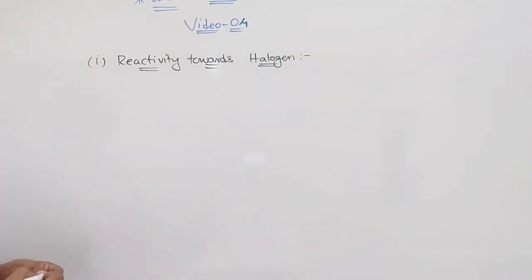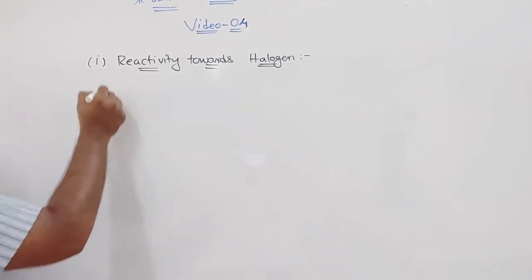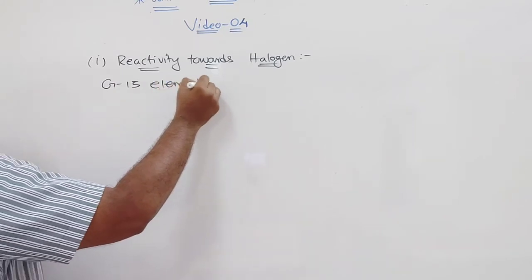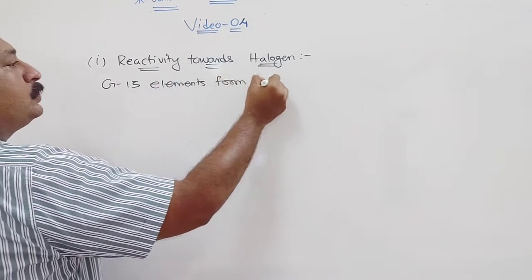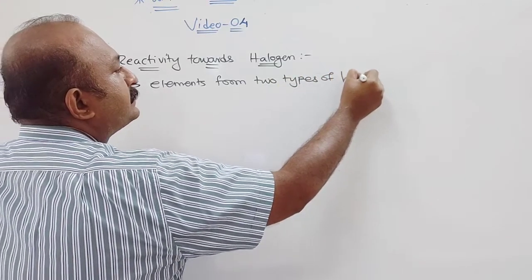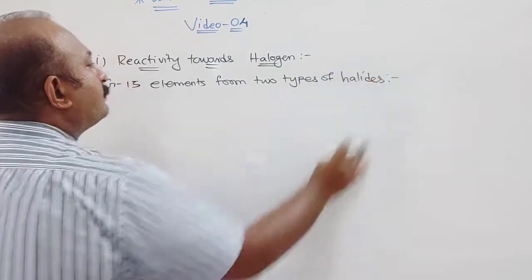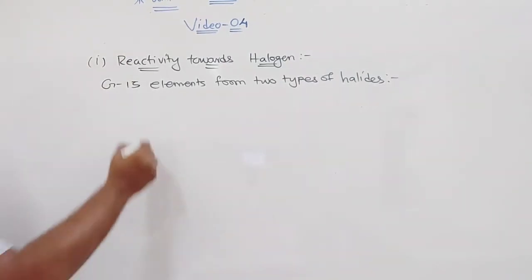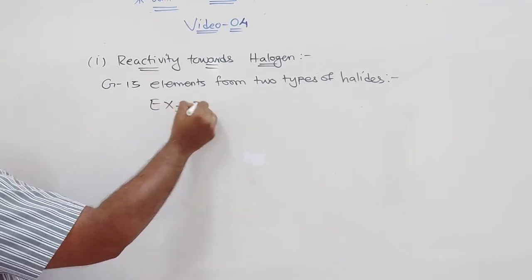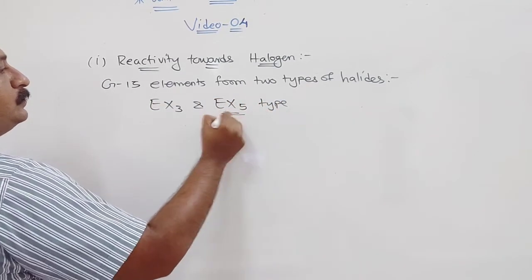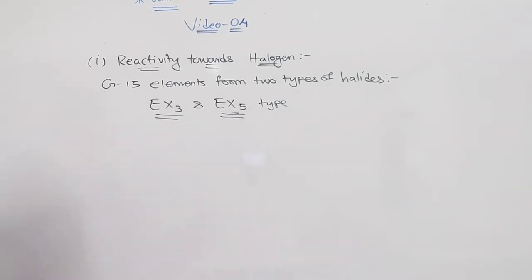When we talk about reactivity towards halogen, group 15 elements form two types of halides. If you see which are the two types of halide, it is of EX3 type and EX5 type. These are the two types of halide which they form.